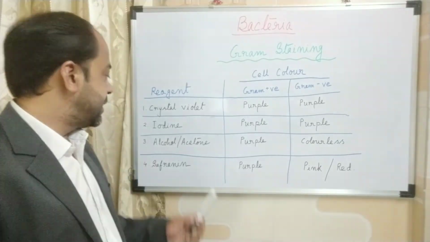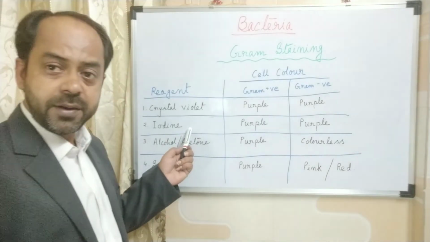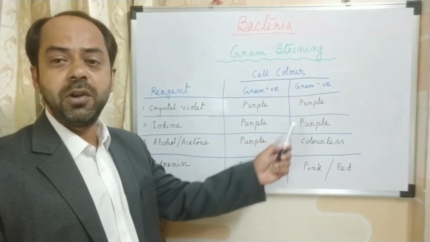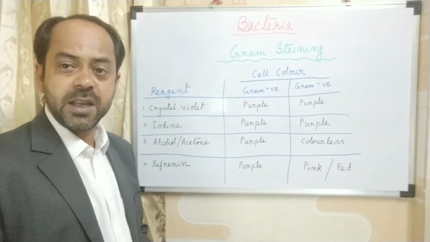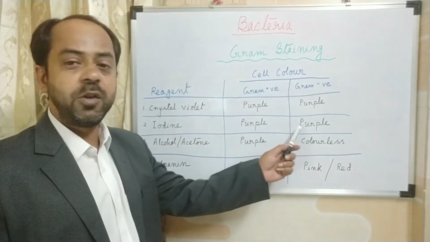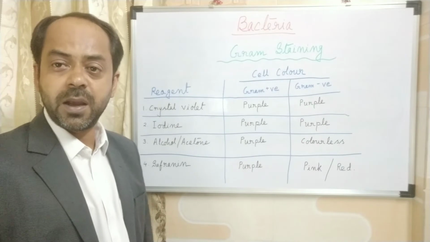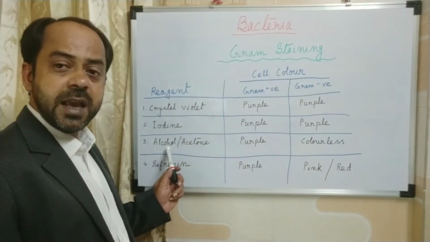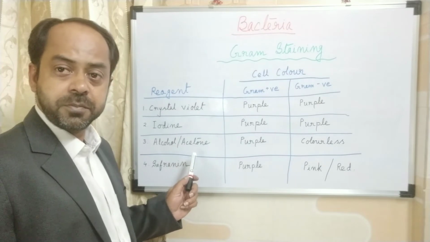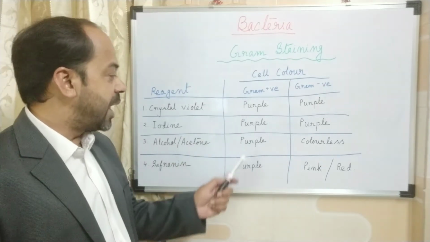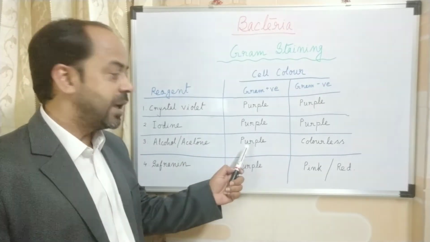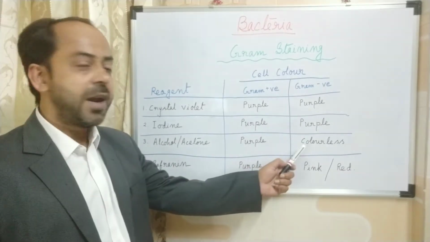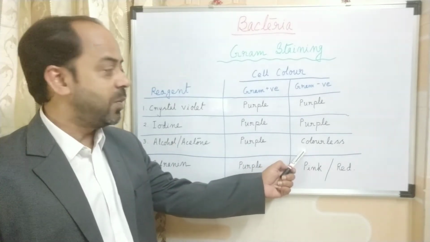Next, if we add iodine, the color of both the bacteria will not change. Both will still be visible as purple under the microscope. Next, we add alcohol or acetone. Then what will happen? Gram positive bacteria color will remain purple, but gram negative bacteria will become colorless.